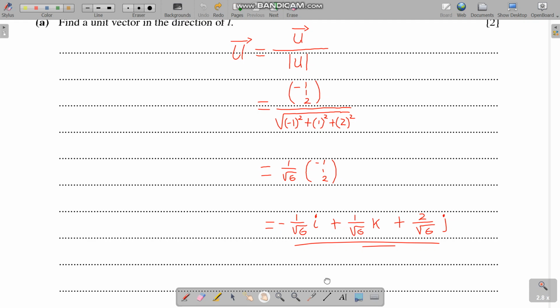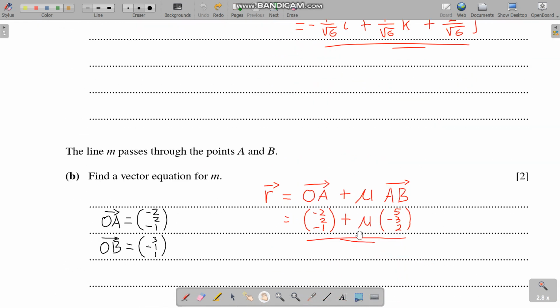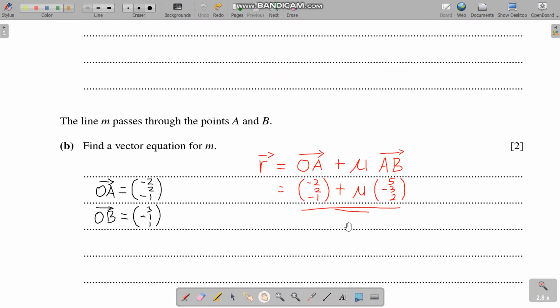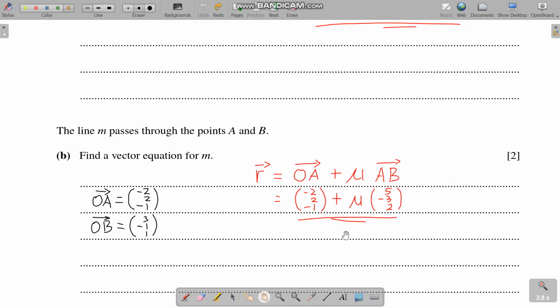Alright, and that's 2 marks. Now the line M passes through points A and B. Find the vector equation of M. If the line passes through A and B, we can use the point OA or OB and the direction AB or BA.